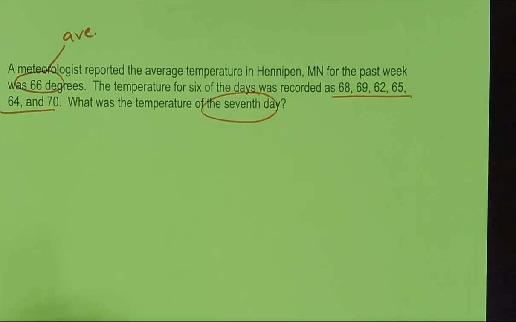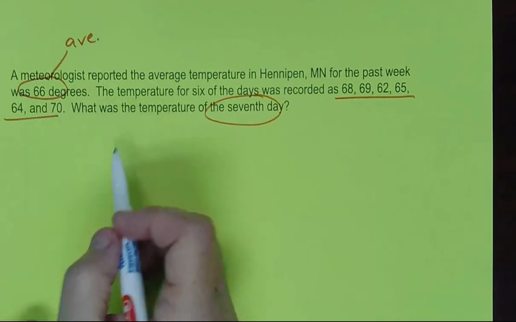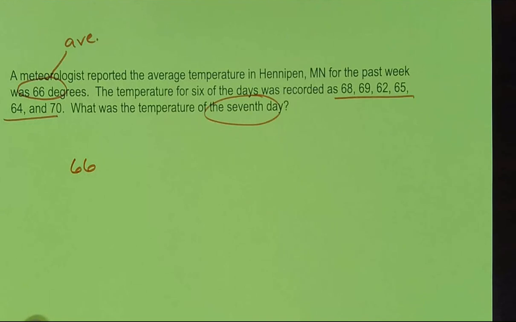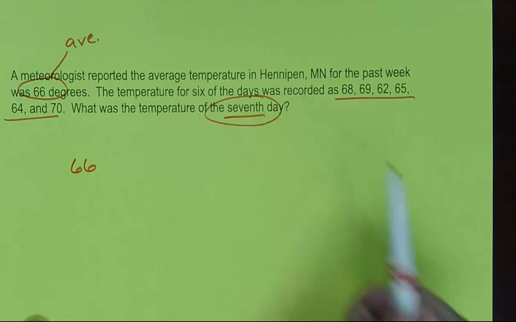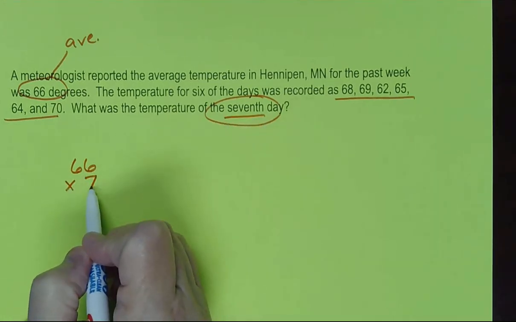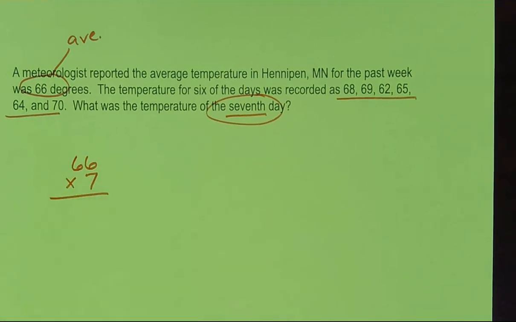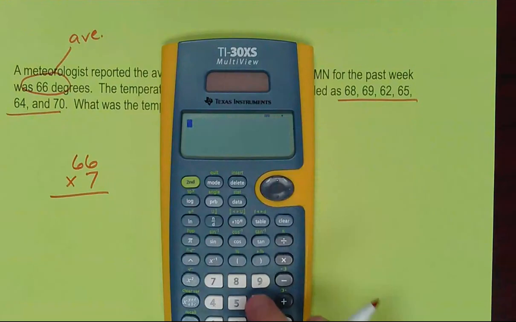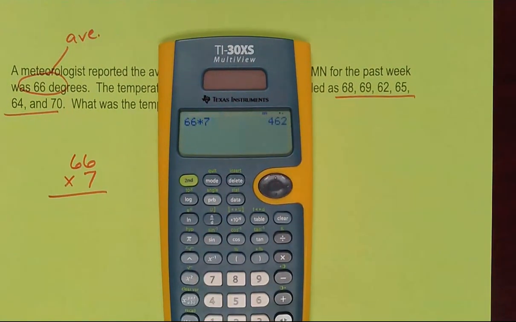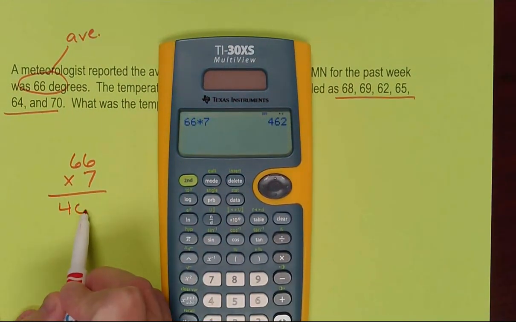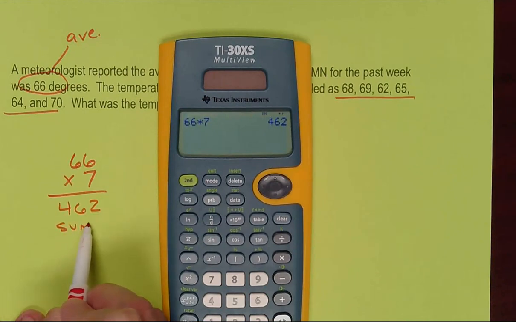So, the meteorologist gives us an average of 66 degrees. We have 7 days in the week, so we'll multiply that average times 7 days. 66 times 7 gives me 462, which needs to be the sum of the temperatures on all 7 days.